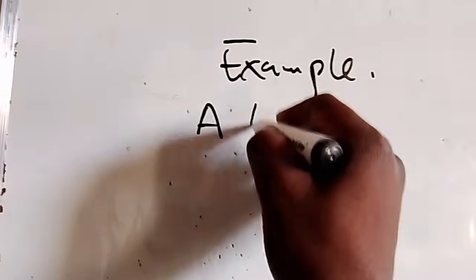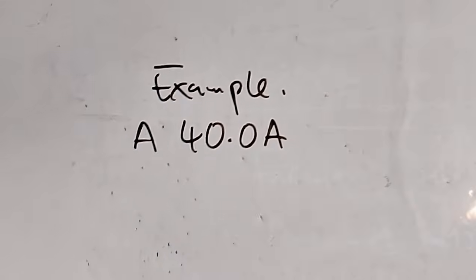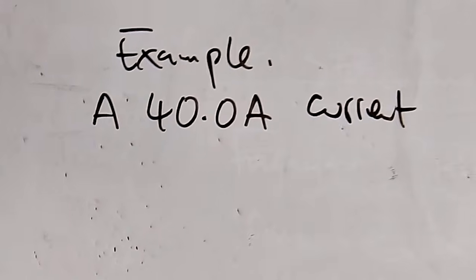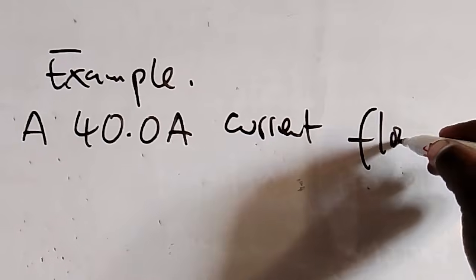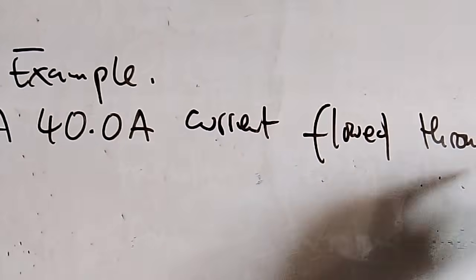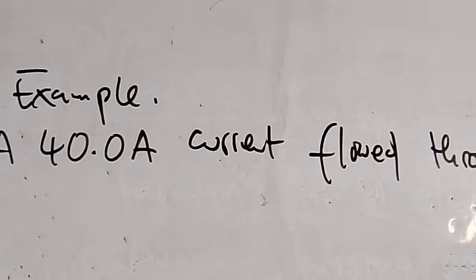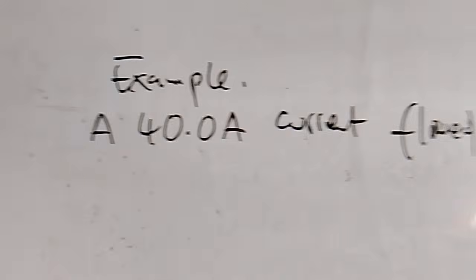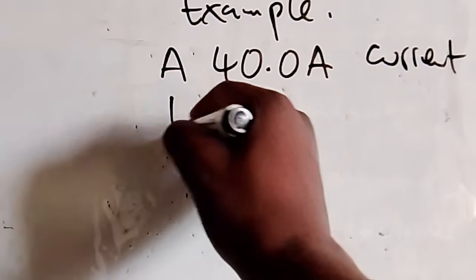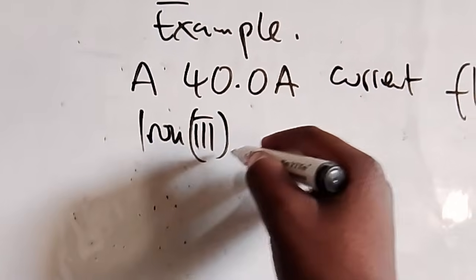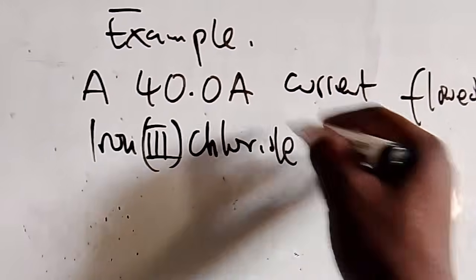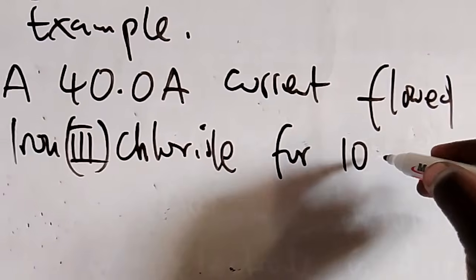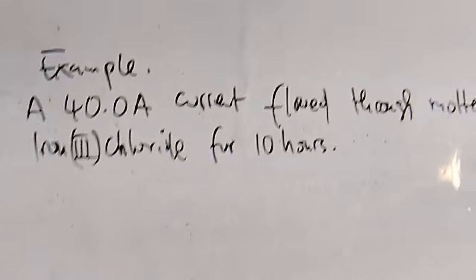A 40.0 amp current flowed through molten iron(III) chloride for 10 hours.